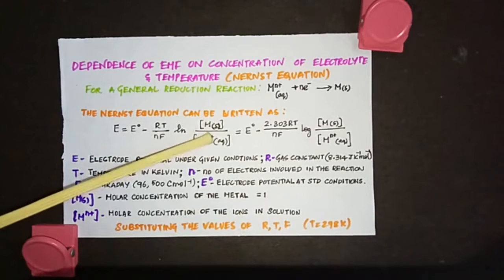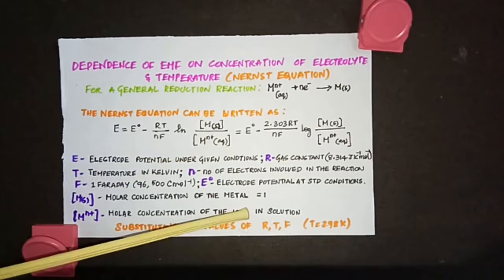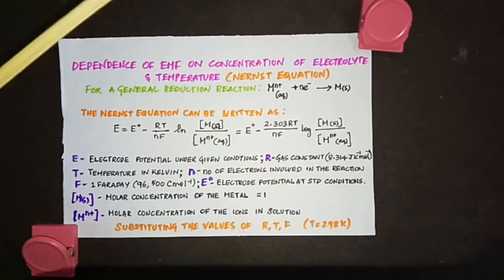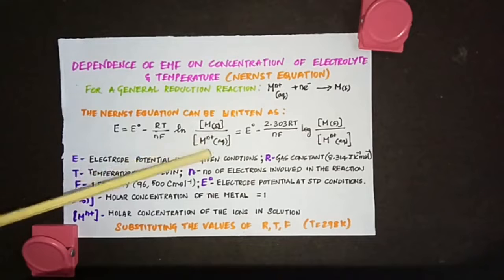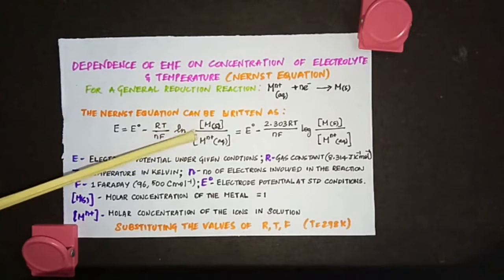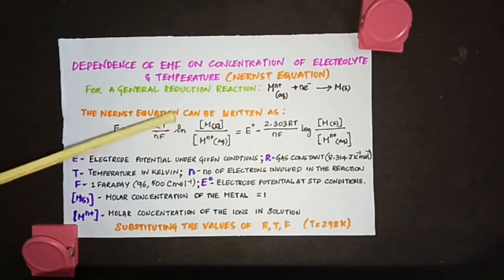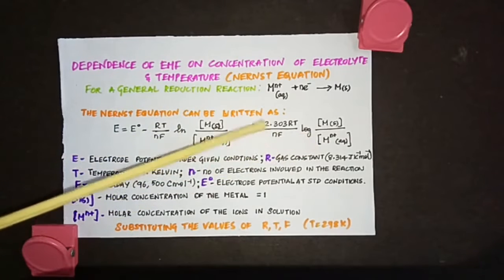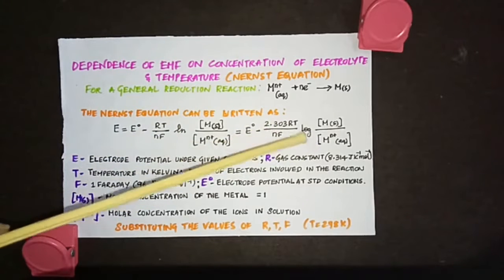What is [M^n+], the square bracket? This is the molar concentration of the ions in solution. We write 0.01 molar, 0.02 molar, whatever the concentration of the solution is, in molar. Now ln is the natural logarithm, and if you want to change it into log to the base 10, you have to multiply it by 2.303 log10.